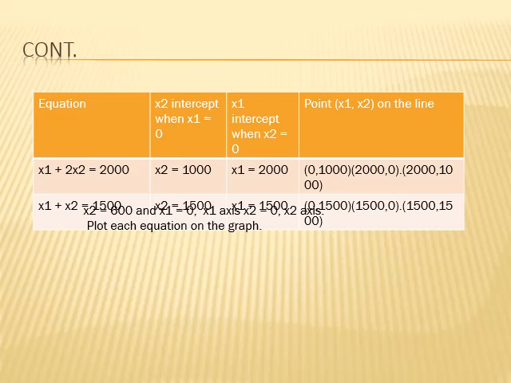Firstly, x2 equals 600 when x1 equals 0. This is the last. So the common point for the first constraint is 2000, 1000, and the common point for the second constraint is 1500 and 1500. D'accord?